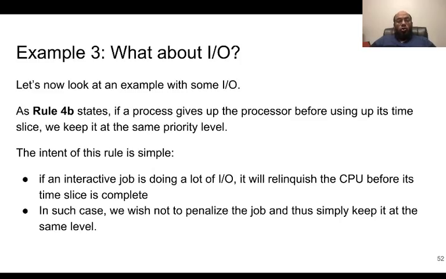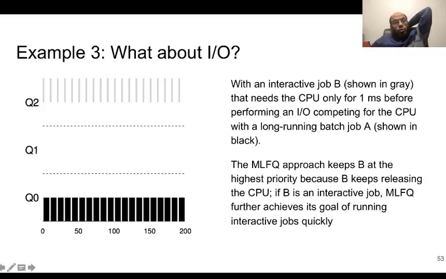And if we have IO, then according to rule 4b that we just stated, this is what will happen. You will basically have a job running in Q2. Well, actually, sorry. So A arrived a while ago. It's a long-running job. B just arrived, but it's an interactive job.